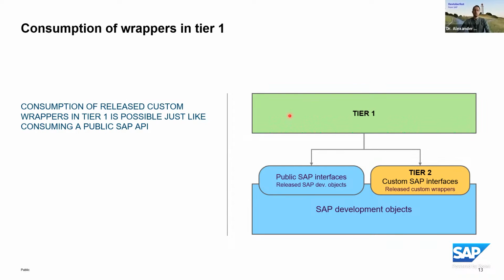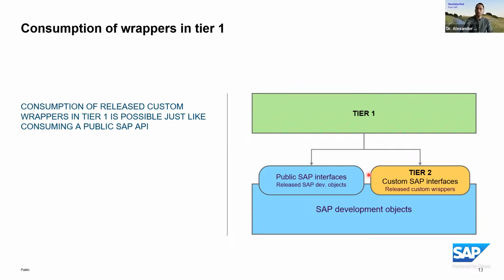I think the explanation is very easy because the consumption of the wrappers works exactly the same way as the consumption of public SAP interfaces. The reason is it is a development object that is released for cloud development, and there is no difference between the public SAP interface and the tier 2 wrappers in that respect. So also the consumption works exactly the same.